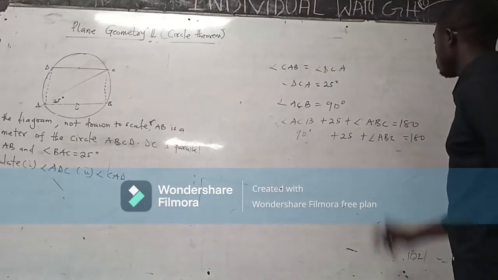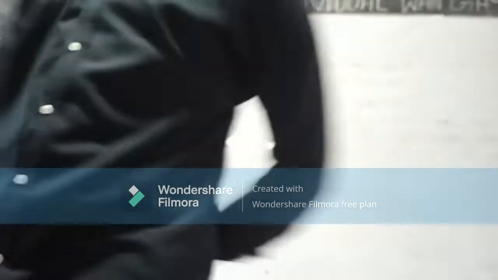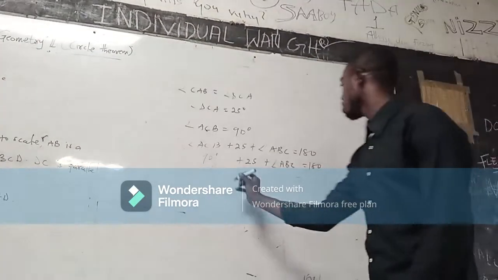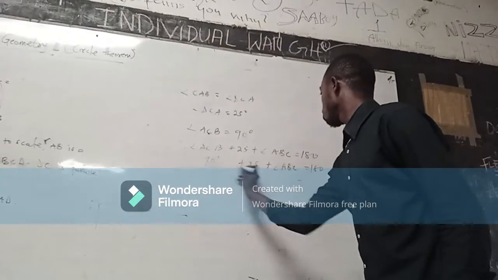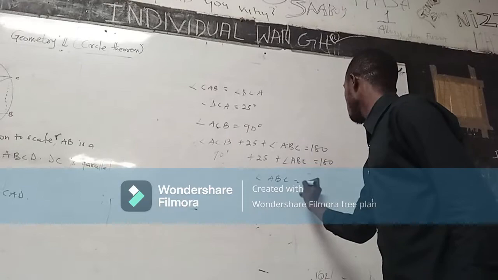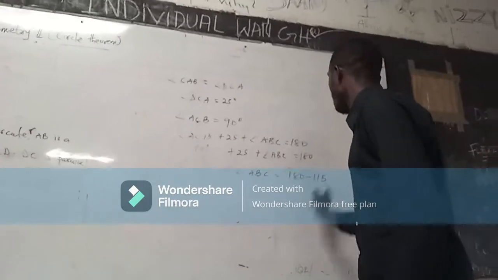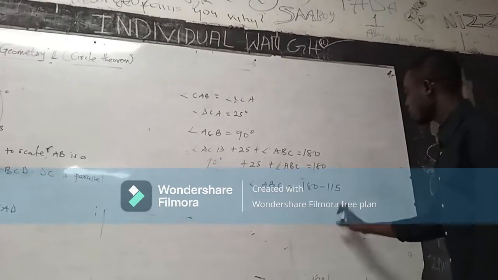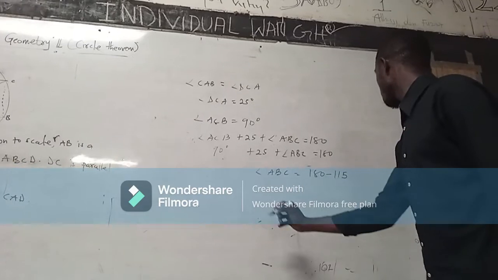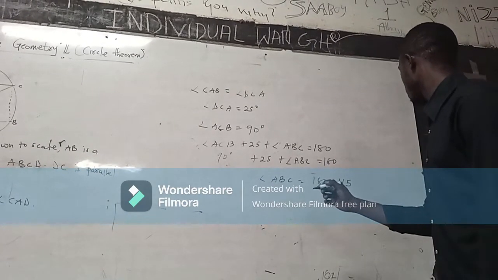So this is 180. Let's add and see. If you add 25 plus 90, you are going to get 115. So ABC is equal to 180 minus 115. When you subtract, you are going to get 65.